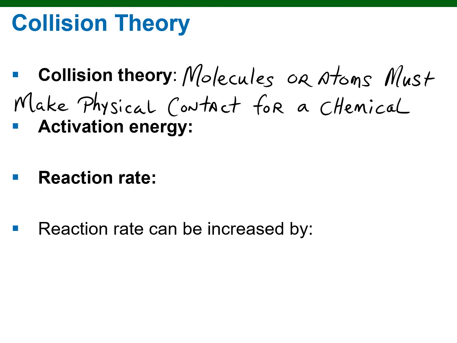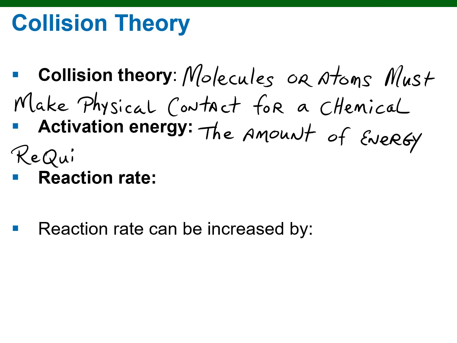We call this activation energy. It's defined as the amount of energy required for a chemical reaction to occur. And below this energy, the reaction may fall short of occurring.